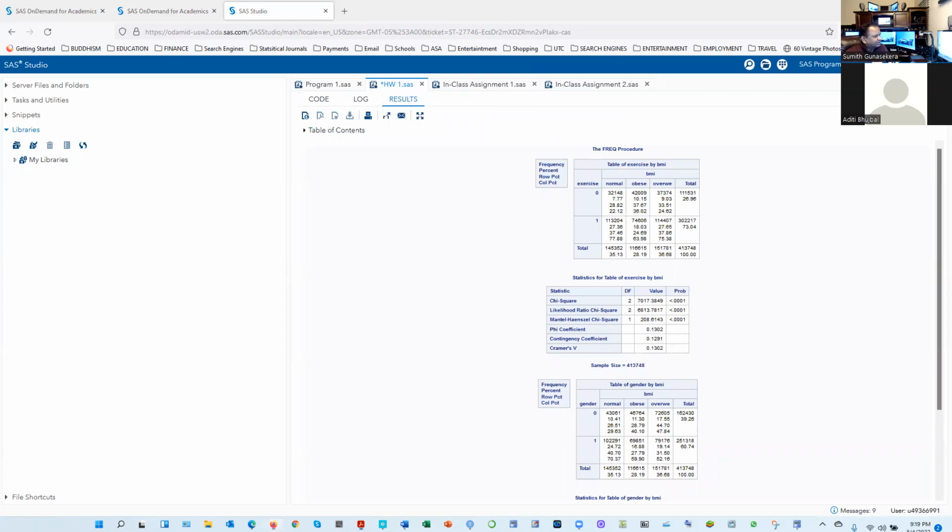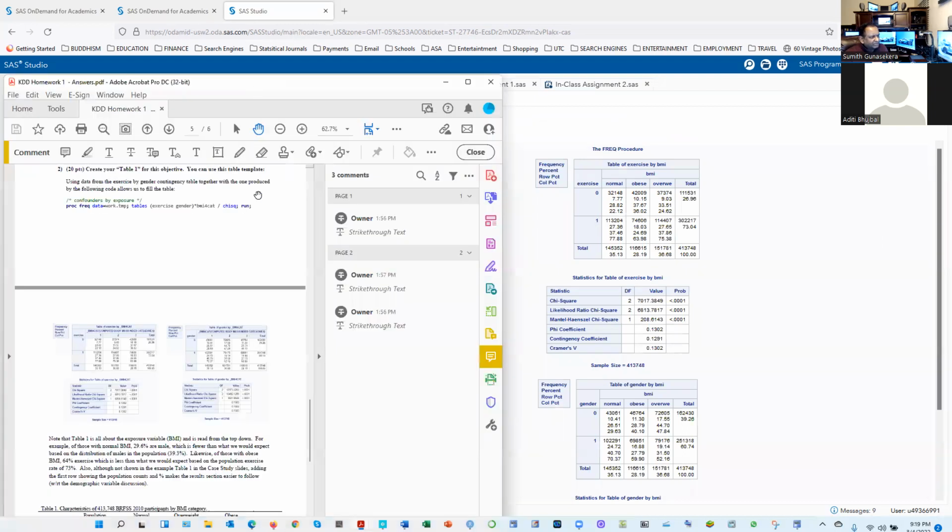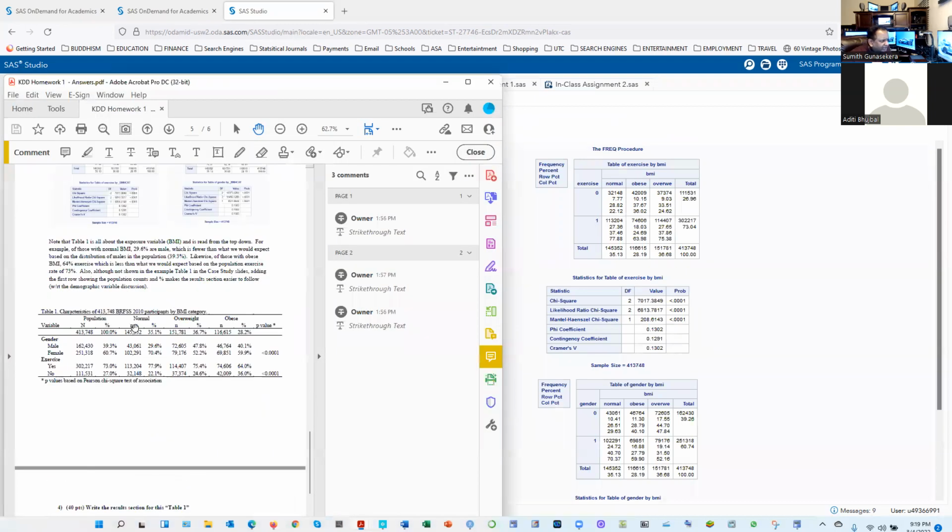But they have given that one. See, for the normal versus male, 43061 male.